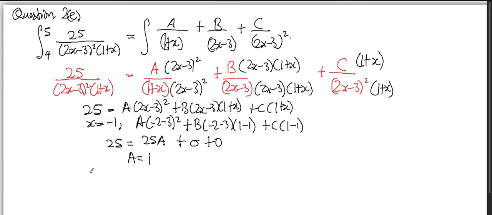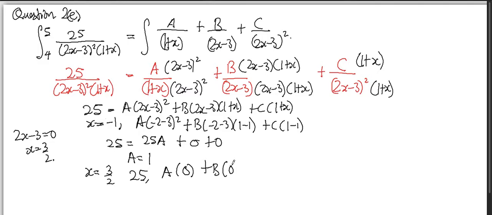Next, when x equals, this is 2x minus 3, so I have to make x as 3 over 2. 2x minus 3 equals 0, so x equals 3 over 2. When you substitute 3 over 2, anything with 2x minus 3 will be eliminated, so A's term is 0 and B's term is 0. Why? Because 2 times 3 over 2, minus 3, is 3 minus 3, which is 0.